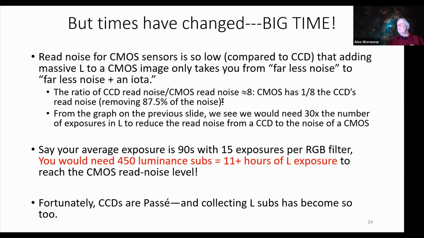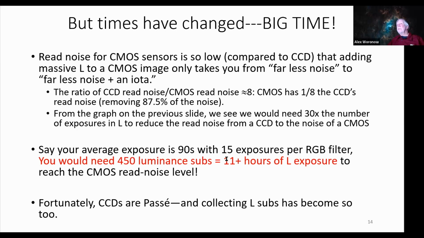So that means that you've removed 87.5% of the noise by simply switching from a CCD camera to a CMOS camera. That's equivalent to, let's say we had 90-second subs and we have 15 in each color, that means we would have to take 450 luminance subs with our CCD camera.